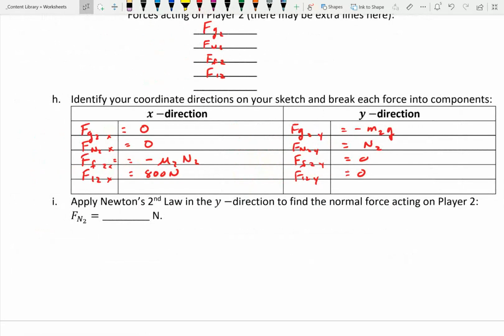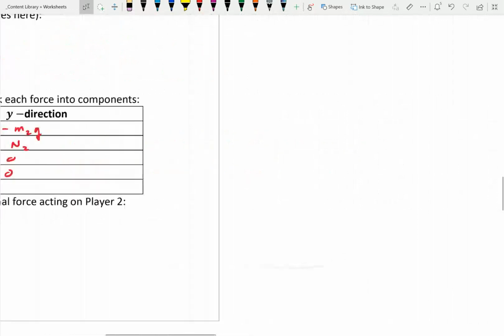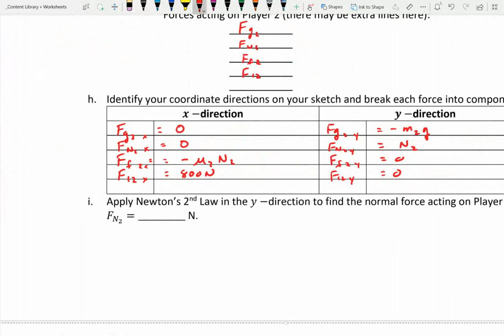So applying Newton's second law in the y direction to find the normal force, we found force normal 2 was equal to m2g equals 110 kilograms times 9.80 meters per second squared, which turns out to be 1,078 newtons.